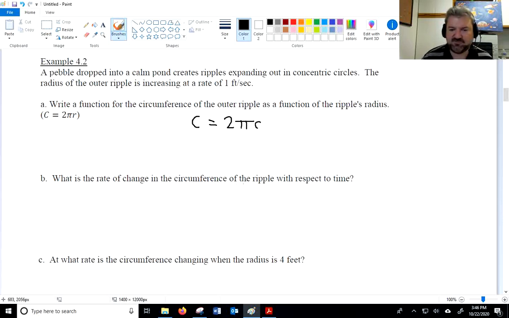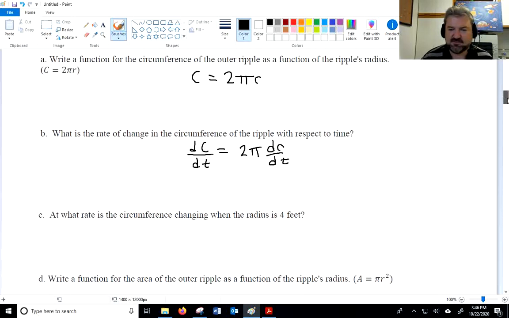What is the rate of change in the circumference of the ripple with respect to time? Well, I know that the circumference with respect to time is dC/dt. So I'll take the derivative of this with respect to t, and I get 2 pi times dr/dt. At what rate is the circumference changing when the radius is 4 feet?